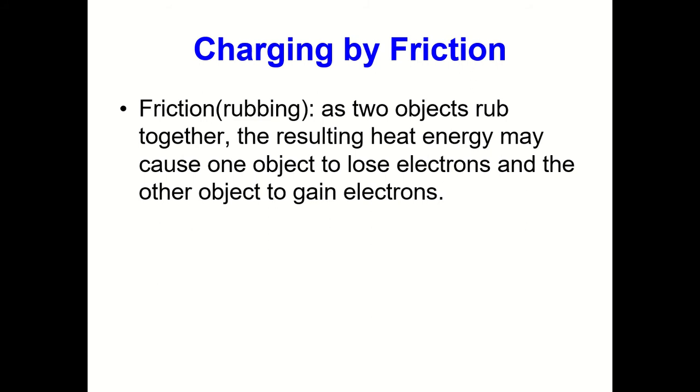As two objects rub together, the resulting heat energy may cause one object to lose electrons and the other object to gain electrons. You can try rubbing your hands. You will feel that heat is produced, and perhaps your left hand loses electrons while the other hand gains electrons.